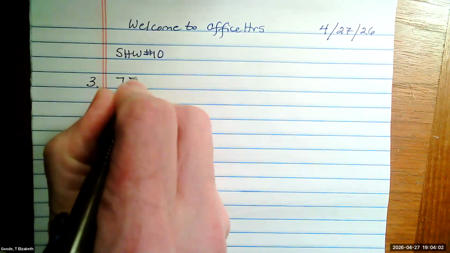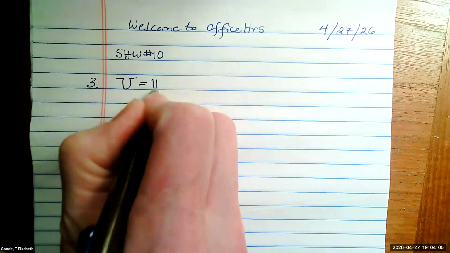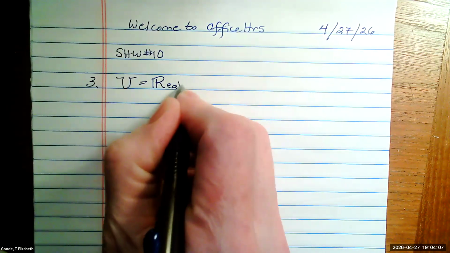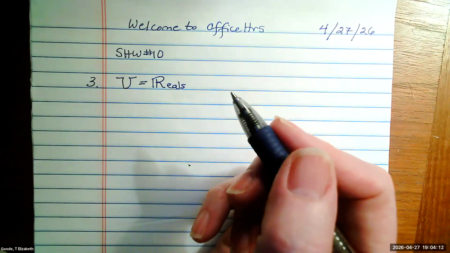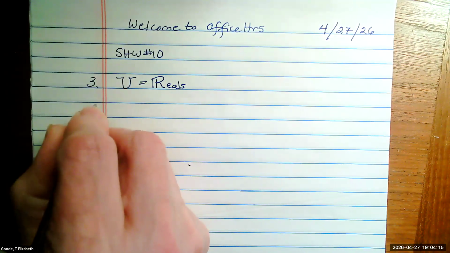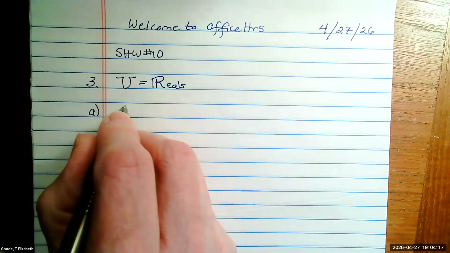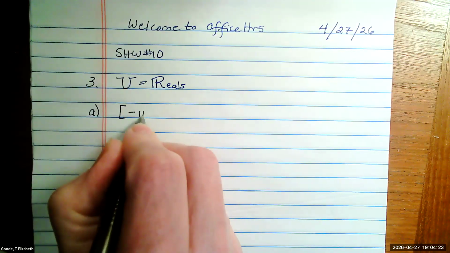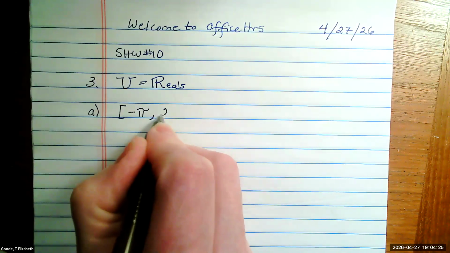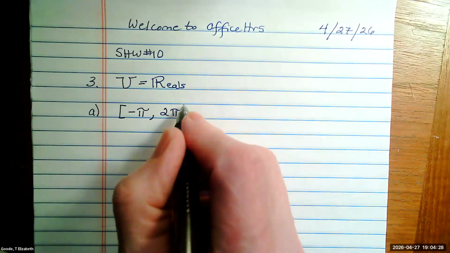The universe is the real numbers, and we're supposed to find each of these sets as an interval. We want to calculate each one. So the first one is what? Square bracket negative pi, comma, 2 pi, soft parenthesis, union, square bracket pi, comma, 5 pi, soft parenthesis.